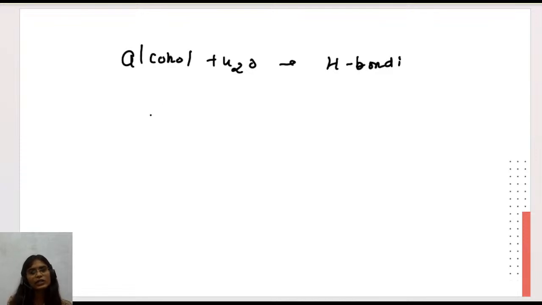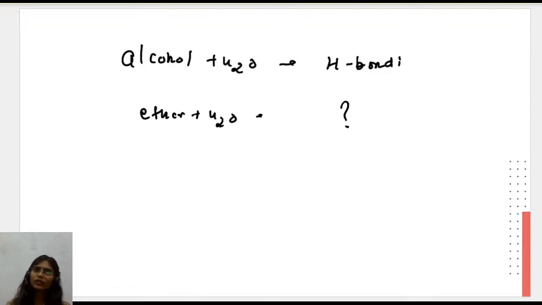Now condition number two, if I'm dissolving ether into the water, my question to you: is there still any kind of hydrogen bonding present? Between ether and water, there is still hydrogen bonding. And which kind?